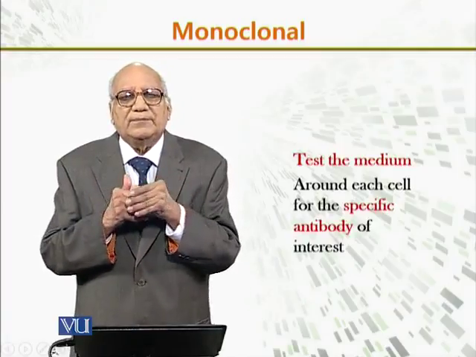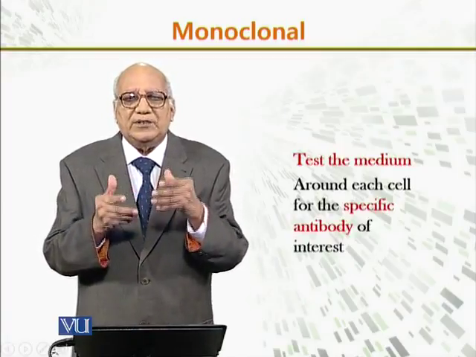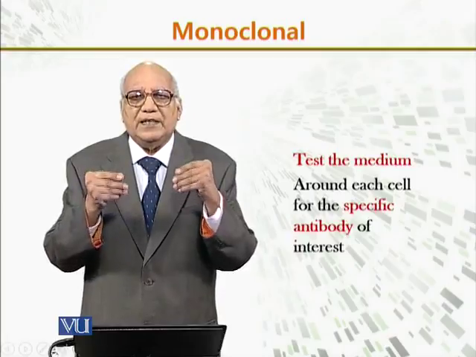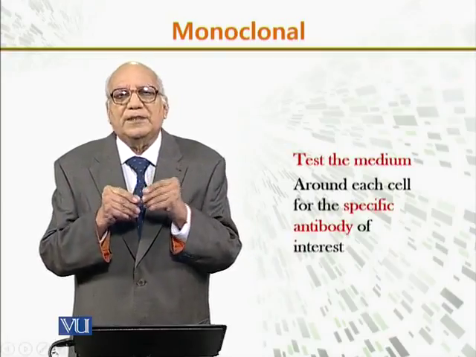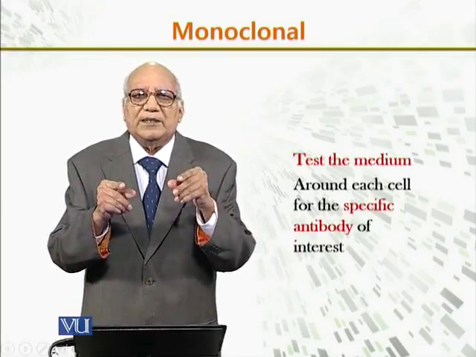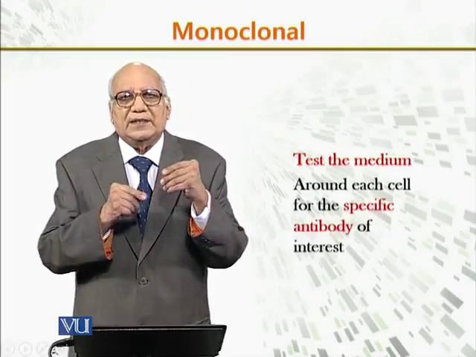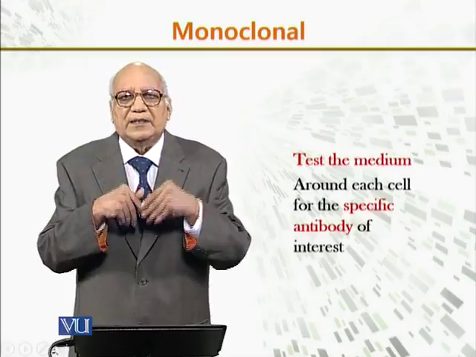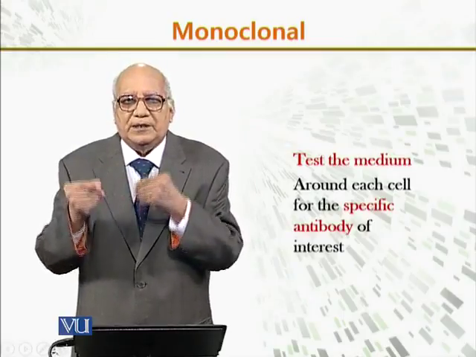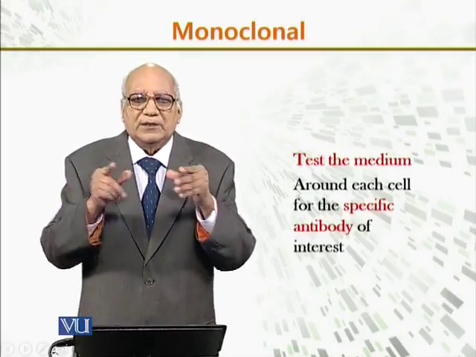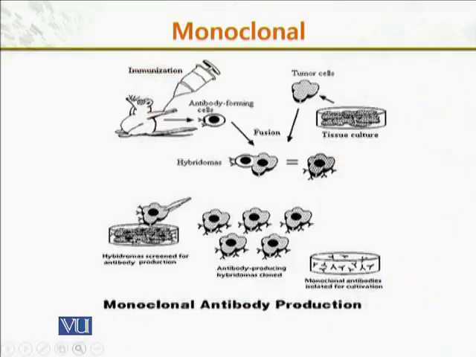Test the medium around each cell for the specific antibody of interest, that is, whatever antibody we want to form, whether immunoglobulin G, M, A, or whatsoever. So we will test for that.